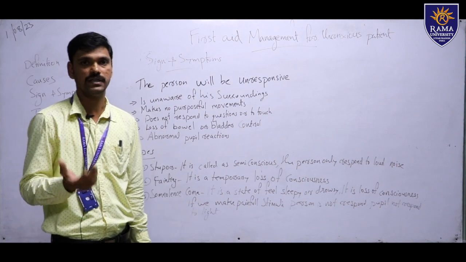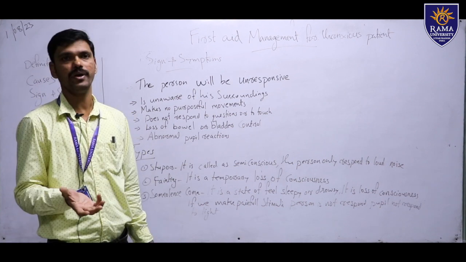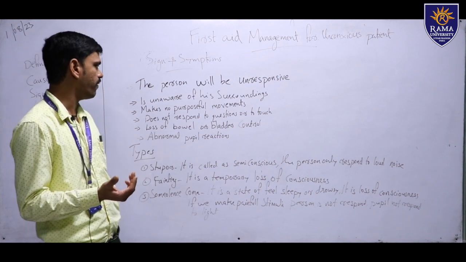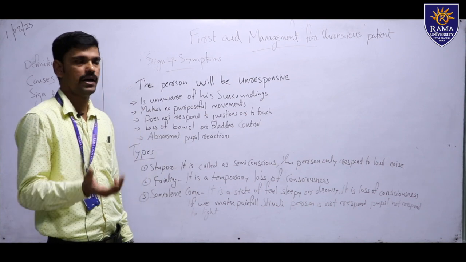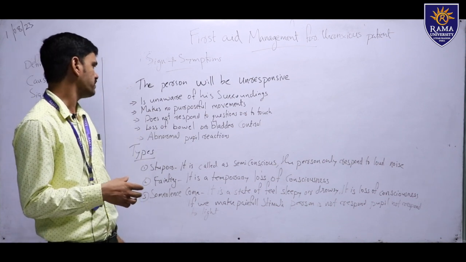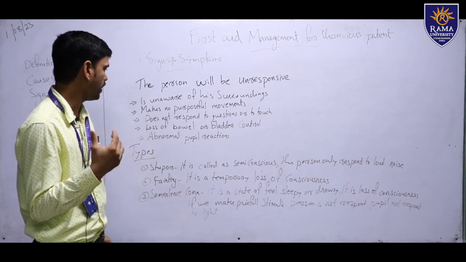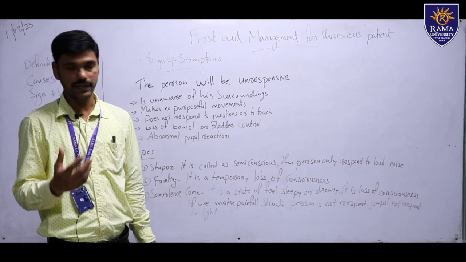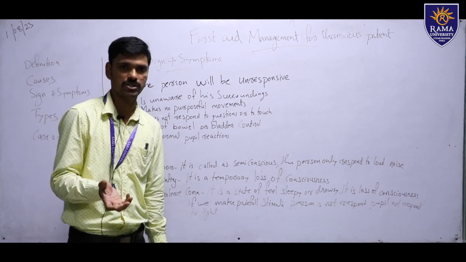There is loss of bowel or bladder control, abnormal eye movements are absent, and there are abnormal pupil reactions. So these are the signs and symptoms of an unconscious patient.